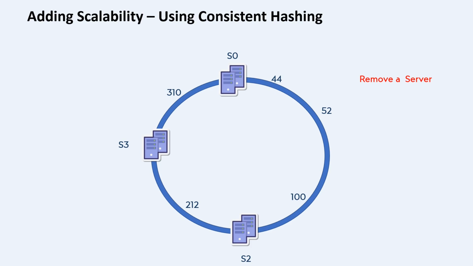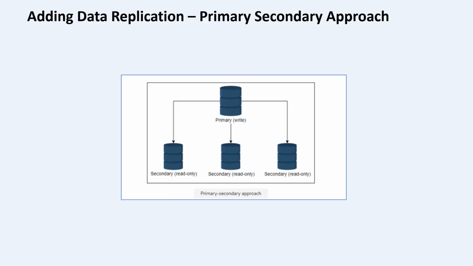So that is one requirement which we have covered. Now let's see the next requirement, which is availability. Suppose any node can go down. How do we make sure that even if a node has gone down, we are available? One approach is the primary-secondary approach.